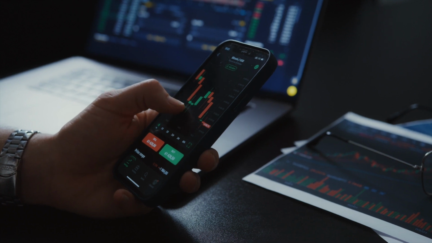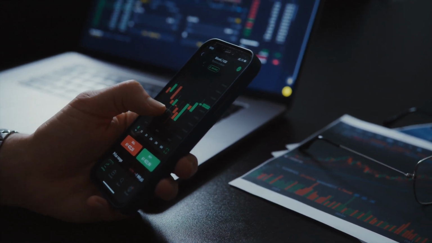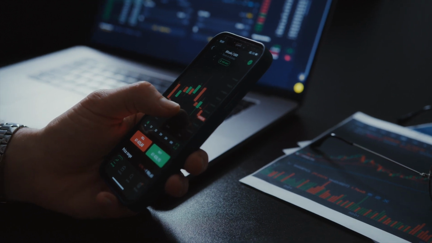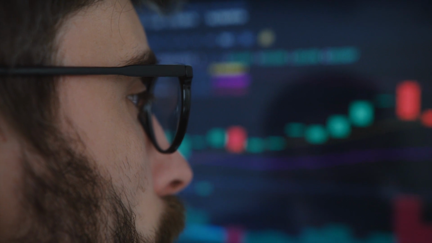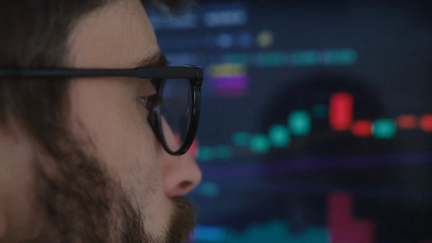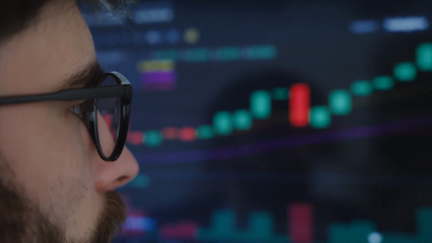So first of all, let's define what a demo account is and why day traders use them. So obviously we know as retail traders, a demo account is a type of trading account that allows you to trade any financial instruments such as stocks, futures, forex, without actually putting any money at risk.